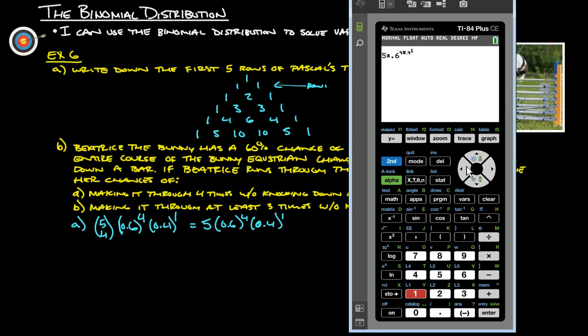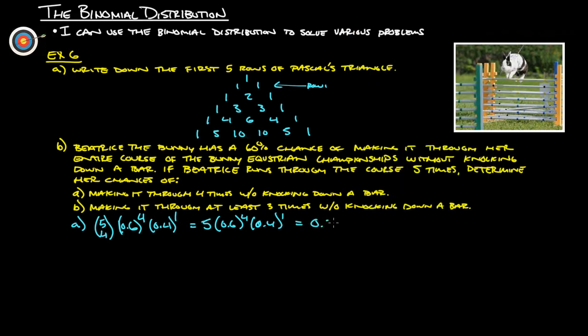Push enter, and that means it's going to be a 25.9% chance, equals 0.259. So probability of making it through 4 times without knocking down a bar, about 26%.